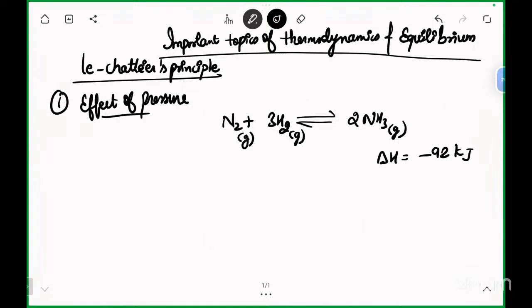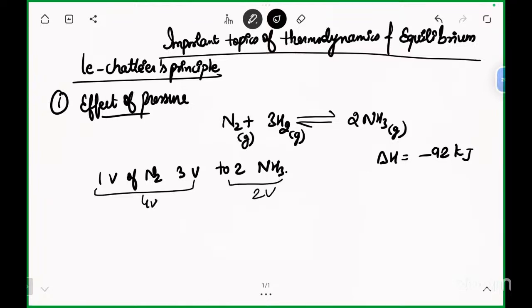In this particular reaction, nitrogen is combining with hydrogen to form ammonia gas. For the effect of pressure, one volume of N2 combines with 3 volumes of H2 and forms 2 volumes of NH3. So the volume decreases from 3 plus 1, which is 4 volumes, to 2 volumes.